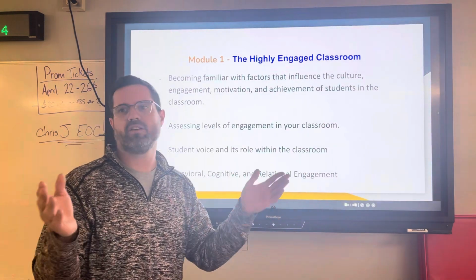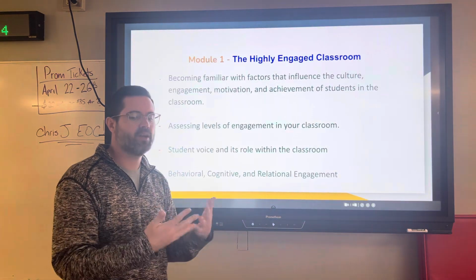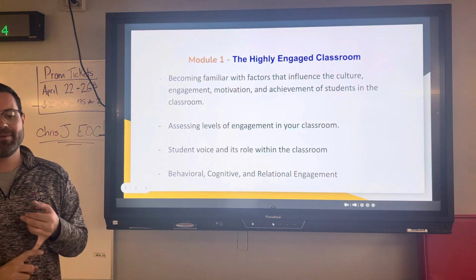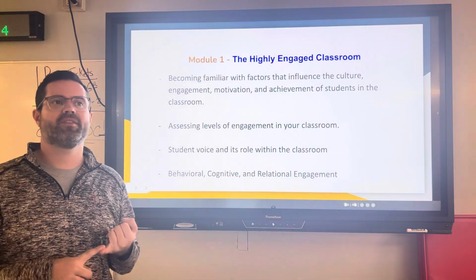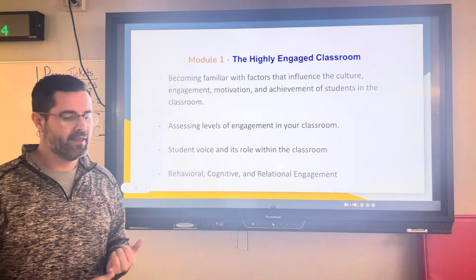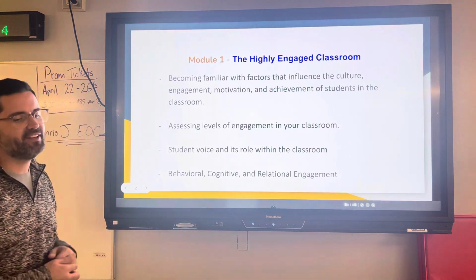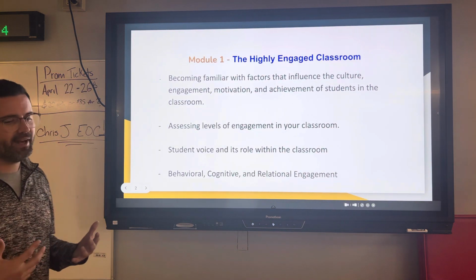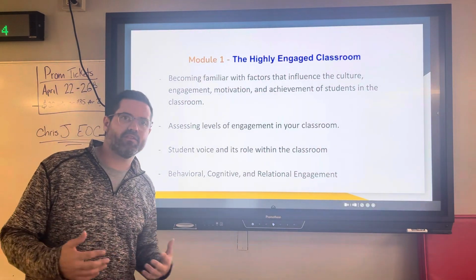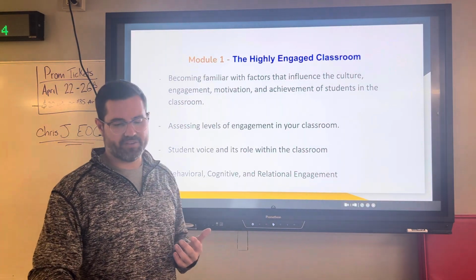We also need to focus on peer-to-peer relationships and how we can help foster those. We want to give clear expectations so we can help our students understand what exactly is expected of them so they're not playing a guessing game. We want to have engaging activities where students' interests are applied, and we can cater to the different learning styles of our students.